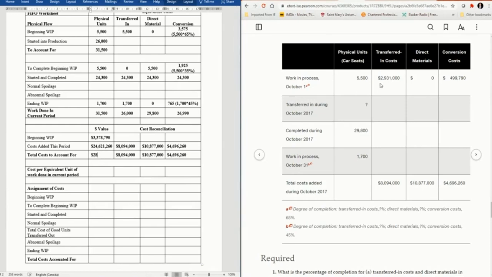Oh, that was over here 2,931 plus 499,790. I just added those two numbers together. That was all. Oh, yeah. Okay.